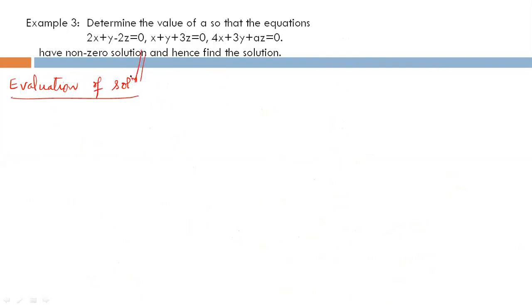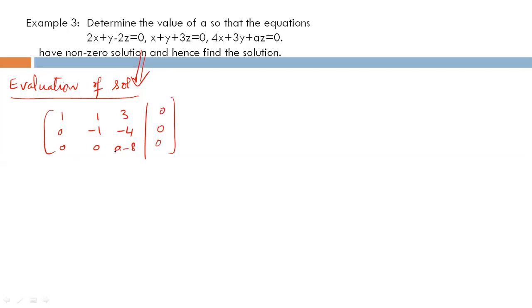So we reached up to 1, 1, 3; 0, minus 1, minus 4; 0, A minus 8; 0, 0, 0.